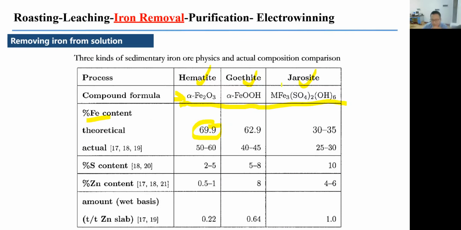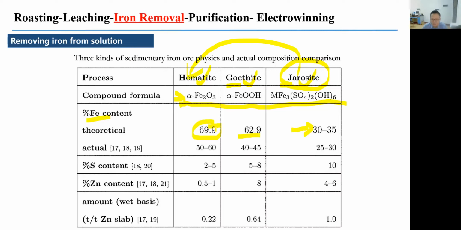But if we are preparing jarosite, only 30% to 35% is iron. It means that when we remove the same amount of iron from the solution, the solid waste production will be 2 times larger than with hematite precipitation. And goethite has some middle numbers.